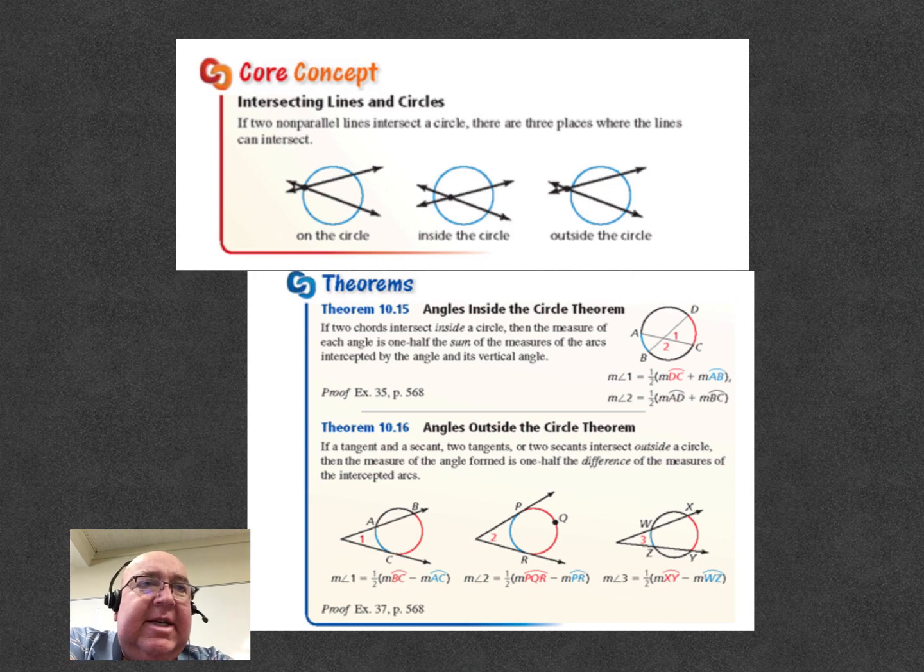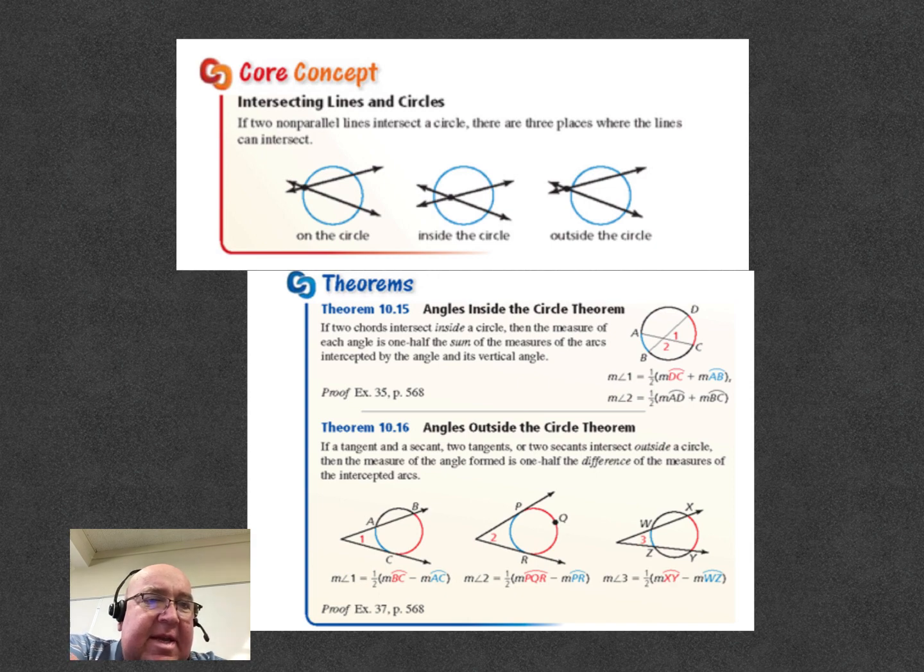Now we're going to be looking at two lines that are intersecting the circle. We could have the intersection be on the circle, inside the circle, or outside the circle. The angles inside the circle theorem says that the measure of angle 1 is half of the sum of the measure of the two arcs created on either side.